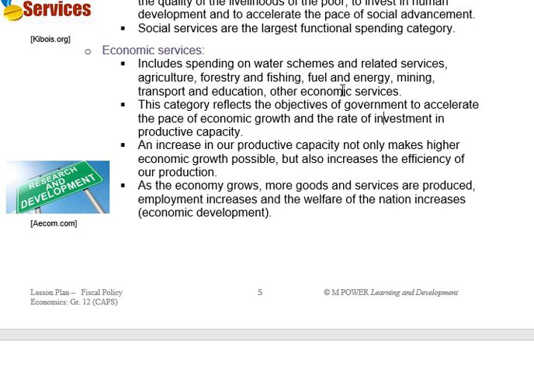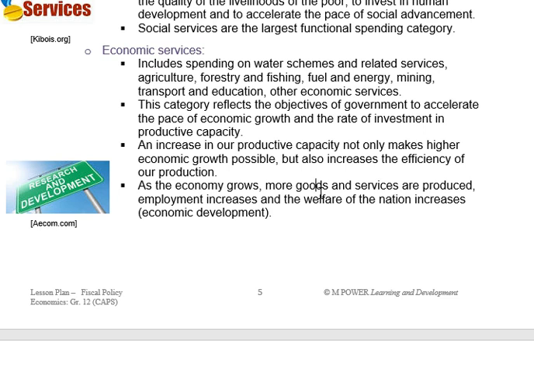Fuel and energy, electricity, infrastructure. Mining, infrastructure. Transport, infrastructure. So the spending on economic services is to help the country run more efficiently, run better, so that we can have economic growth and ultimately economic development as well.